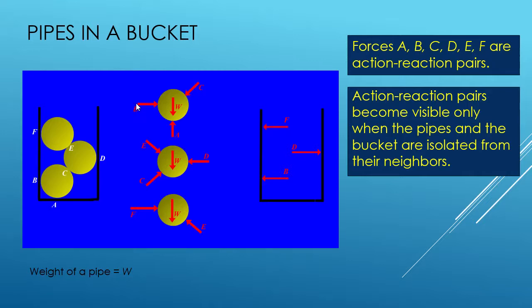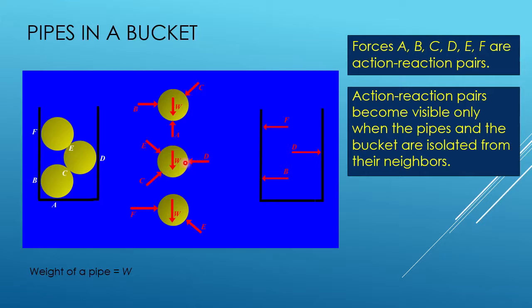At B, this is a force from the wall on this object, and this B and that B are the action-reaction forces. The wall is pushing the object to the right. The object is pushing the bucket to the left. Similarly, this D and that D are action-reaction pairs.